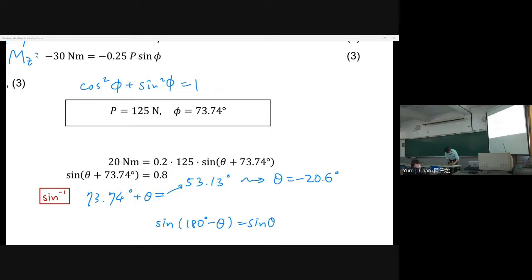So there is another result, like 126.87, and we have beta equal to 53.1 degrees. So actually we have two answers.